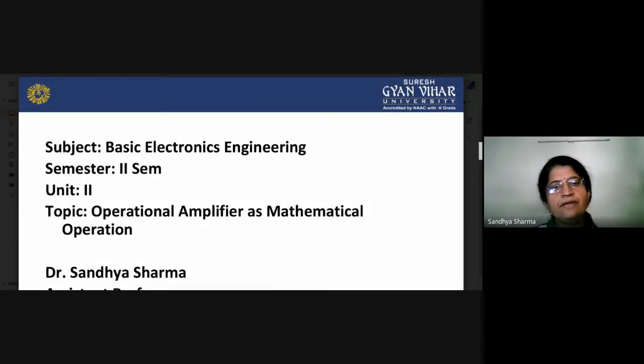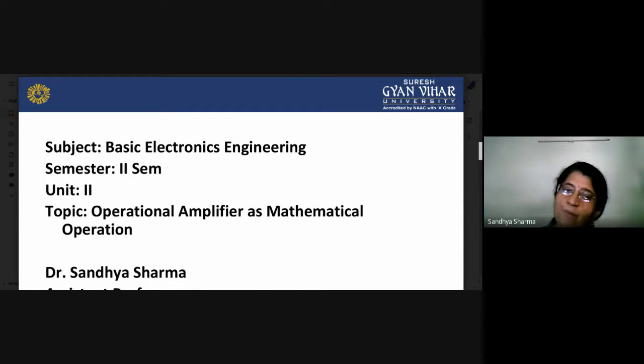In the last lecture, we saw the basic introduction to the operational amplifier. We saw the basic construction features of the operational amplifier, how it works, and which type of loop or feedback mechanism we use in it. We also saw the configuration of the operational amplifier, and how much feedback is effective in maintaining its stability.